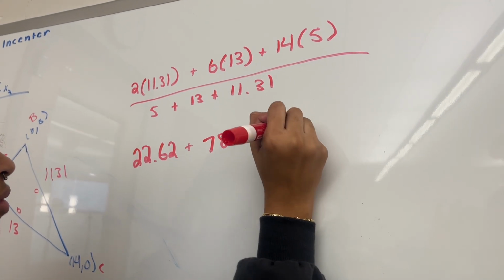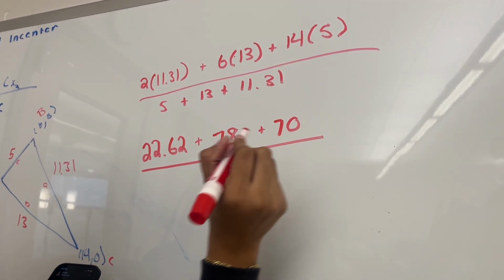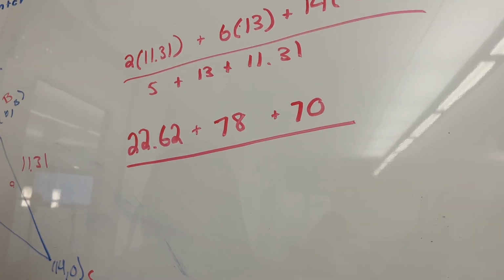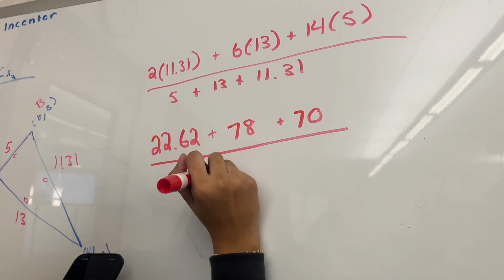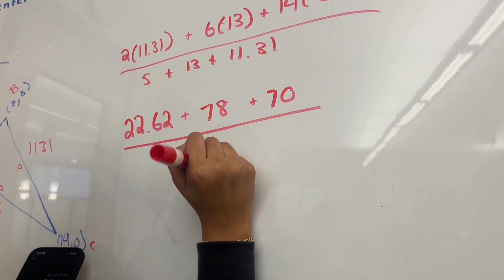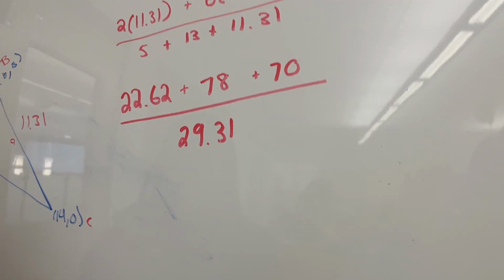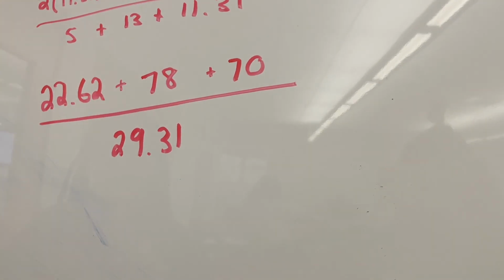We're going to add all of that together. But first, we're going to add the bottom numbers, 5, 13, and 11.31, and that is 29.31.